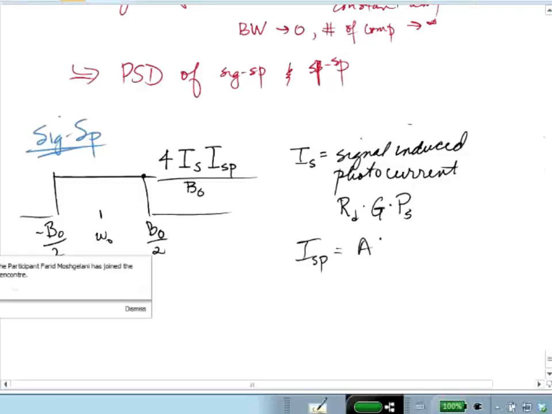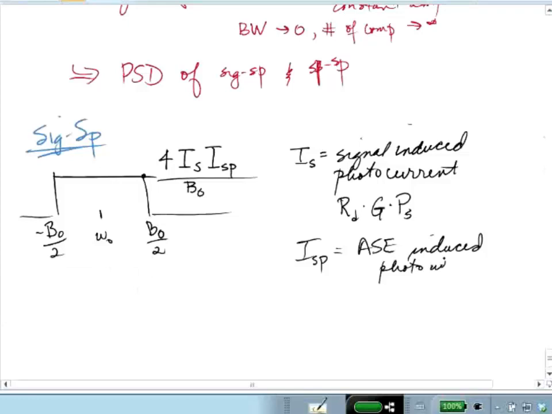And the spontaneous term is the ASE-induced photocurrent, and that is equal to q N_SP (G minus 1) B0, which we can also call R_D times the power of the ASE.